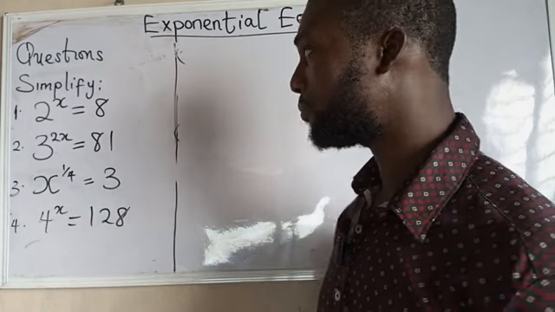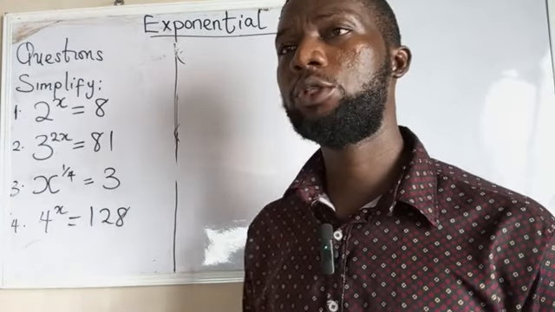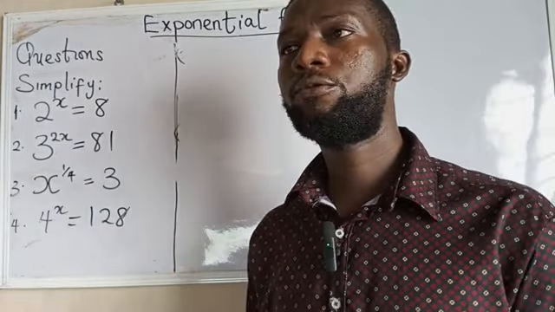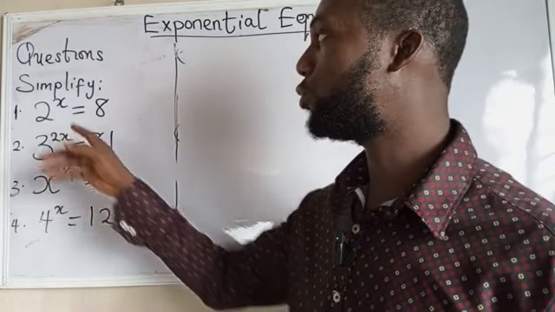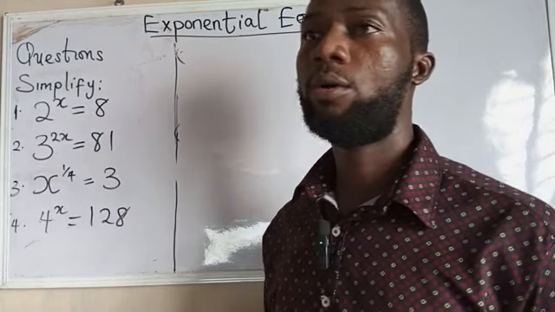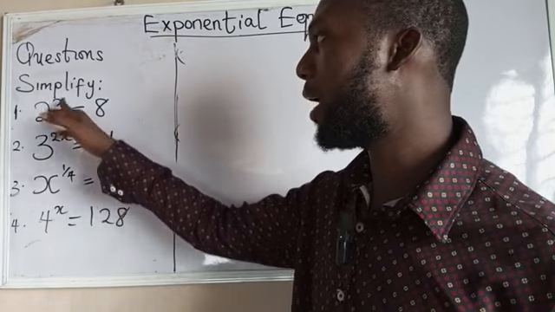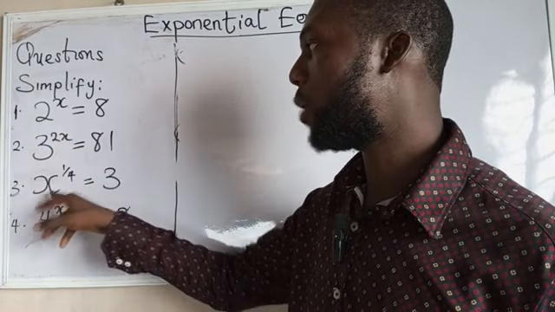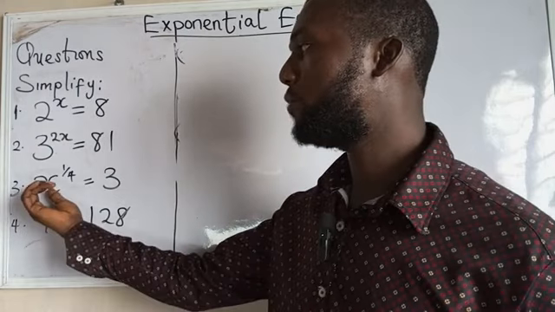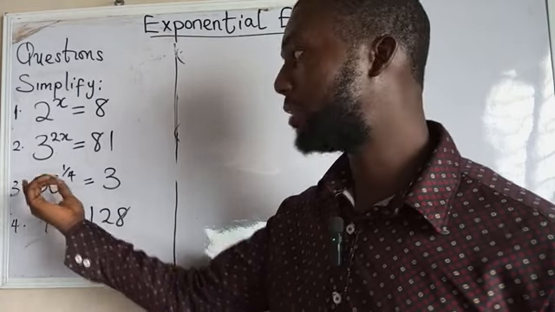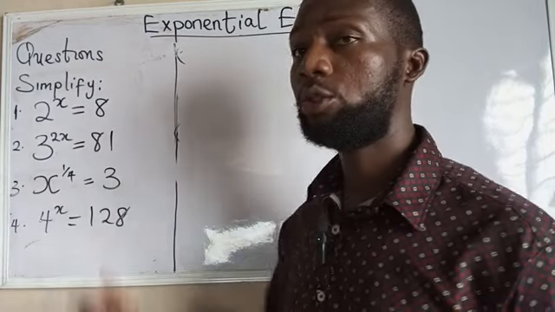So, for example, exponential equation now focuses more on us looking for the unknown, and the unknown happens to be our power or exponent. Our unknown can also come in the form of a base that we need to find.